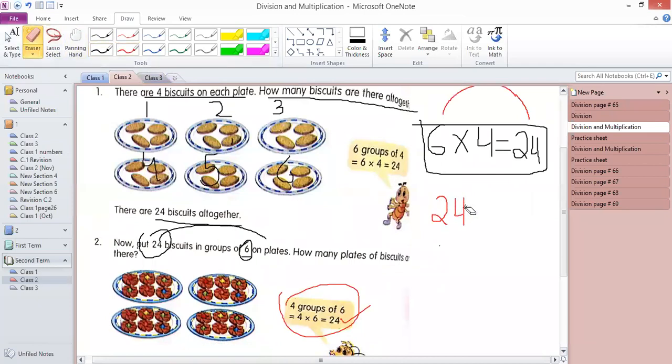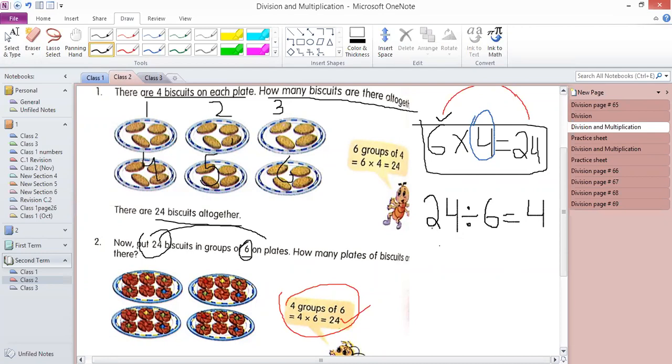Divide 24 by any of the numbers. Let's suppose I'm dividing it by 6 first. So the next number will be your answer. You divide 24 by 6. So 4 will be your answer.